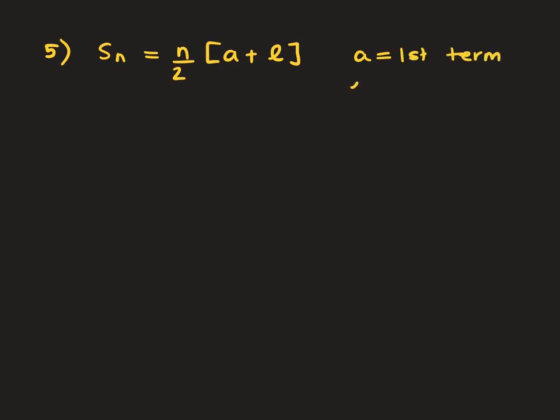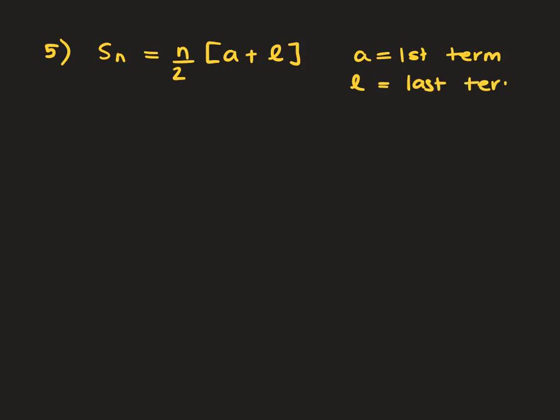Okay, question 5 is a really lovely question. It says the first and last term of an arithmetic series is 5 and 61. Okay, so I'm going to work with this formula. So Sn is equal to n over 2, a plus l, right? Where a is obviously the first term, and l is your last term.